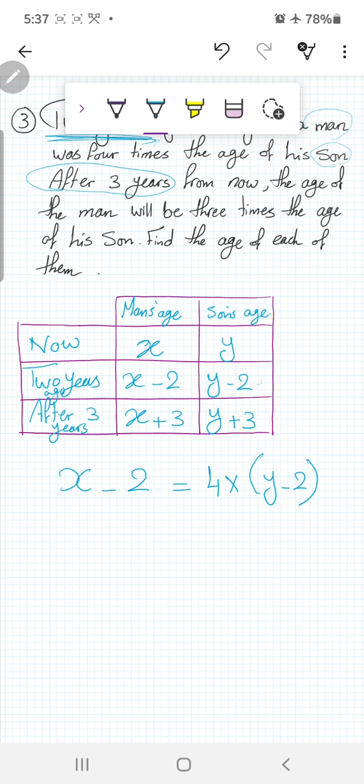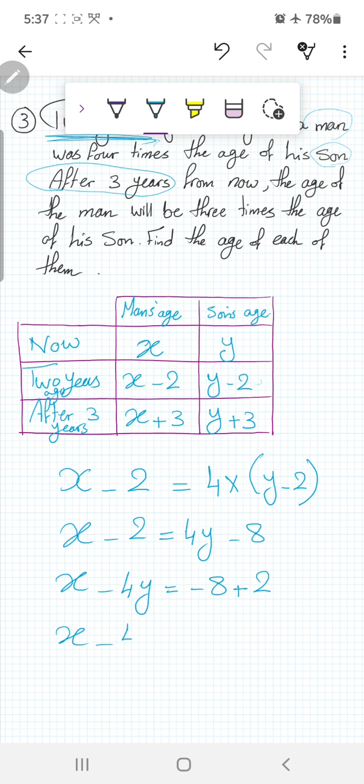Okay, simplify. So X minus 2 equals 4 times Y and 4 times negative 2. It will be 4Y minus 8. Collect X and Y together. So X minus 4Y equals negative 8 plus 2.